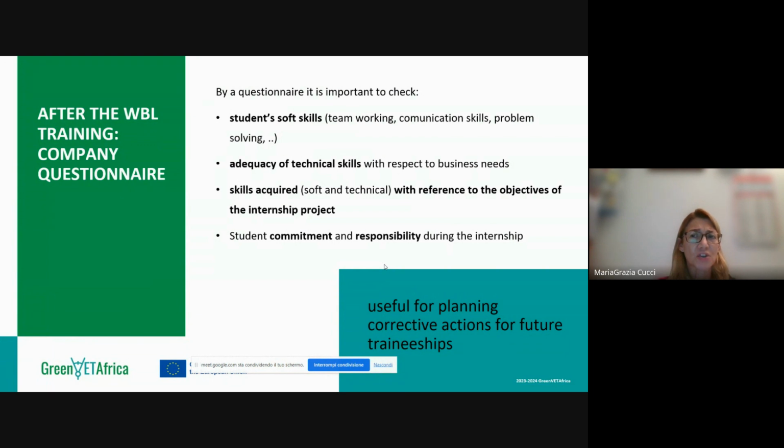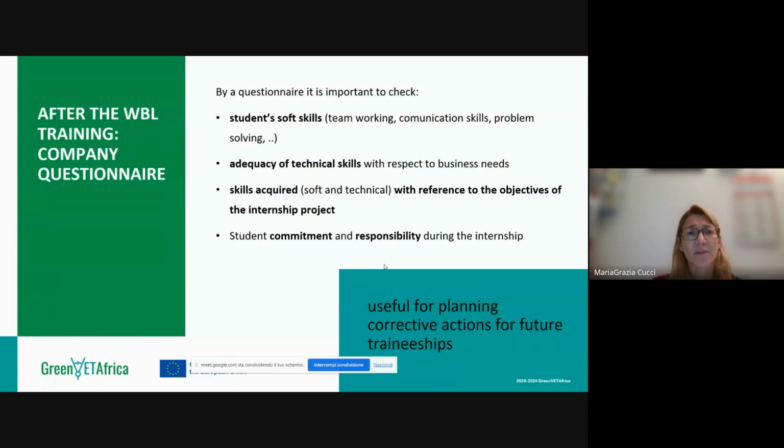Was he or she good in problem solving? We had an assessment of this situation at the very beginning of the stage. And then we can check whether the working situation, the internship, was an opportunity to improve one or more of these soft skills.